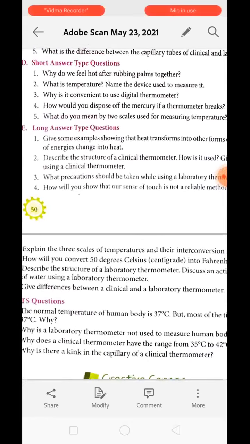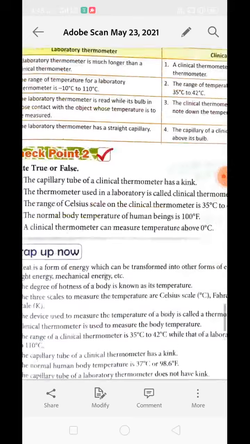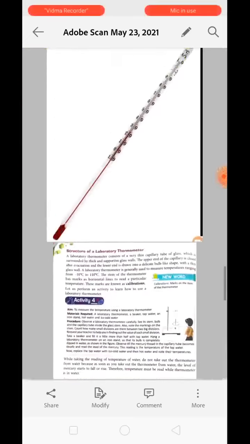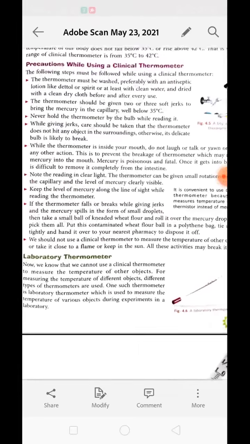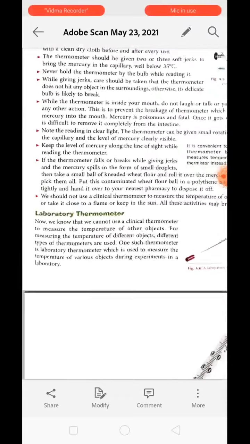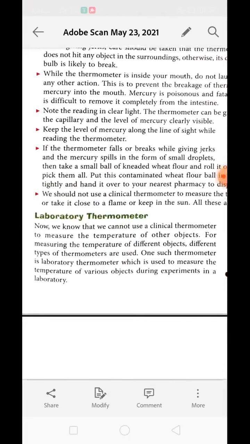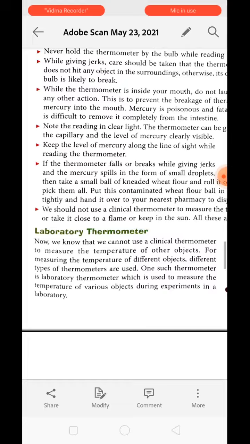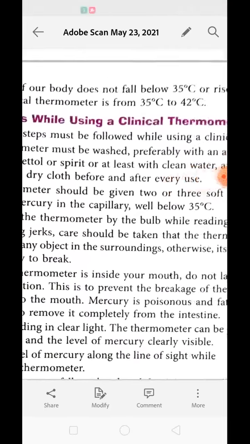How would you dispose of the mercury if the thermometer got broken? Okay, so you will go to the page number for that. Here at page number 47, the answer is written in precautions. Second last point of the precautions while using a clinical thermometer.